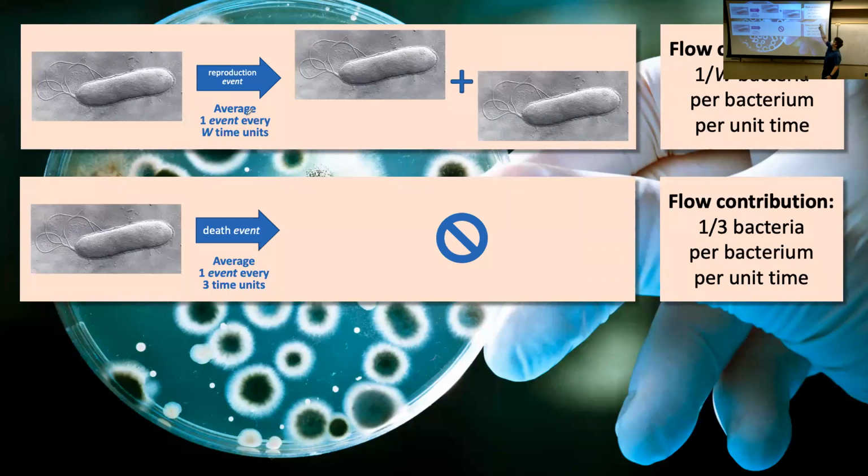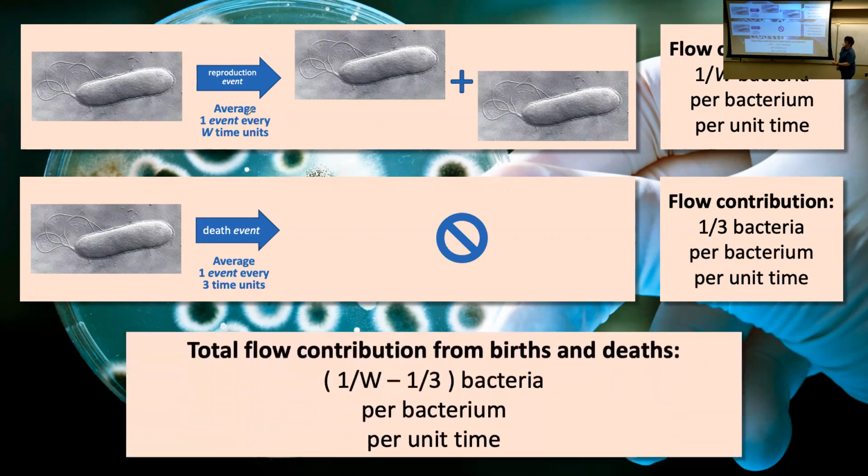And so just like the inflow, we took that multiplied by the number of bacteria times dt. For the outflow, it's this multiplied by the number of bacteria times dt. And that's what's going to give us this net flow calculation, which is the number of bacteria times the net flow, which is the inflow minus the outflow.